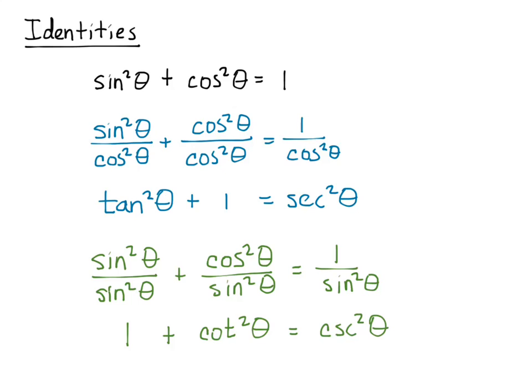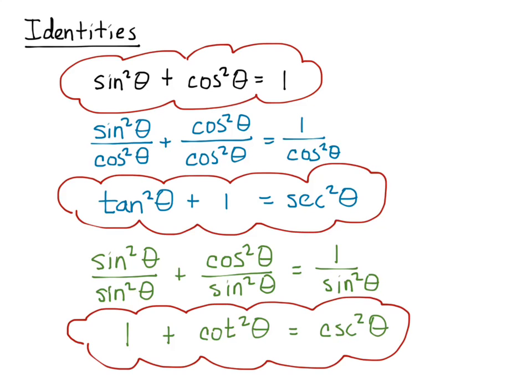Now the world is restored to order because all the co-functions are in one equation and all the non-co-functions are in the other one. So, I guess you can't have it all make sense all at once. Okay, so those three identities are identities you should know. Now, I don't ever remember the second and the third one. I always remember this one, and I divide by either sine squared or cosine squared, and I know my definitions to get to the other ones.